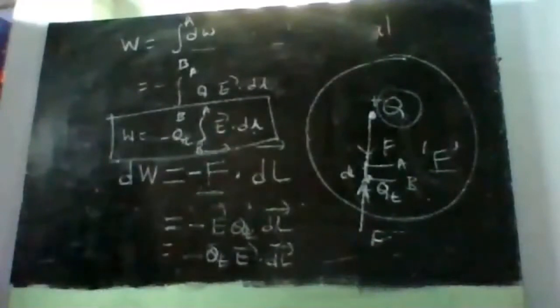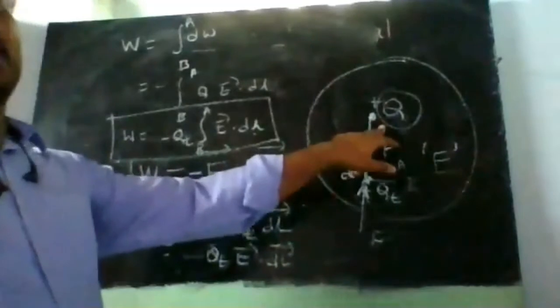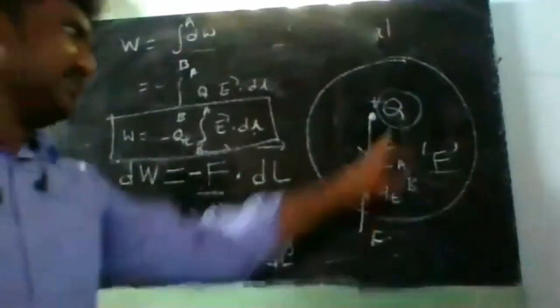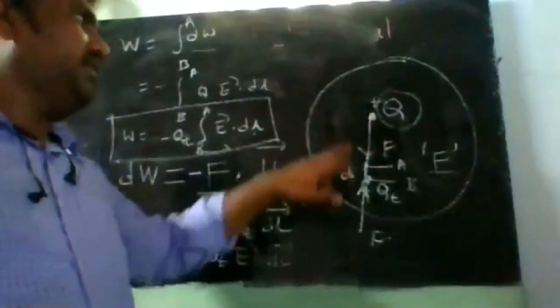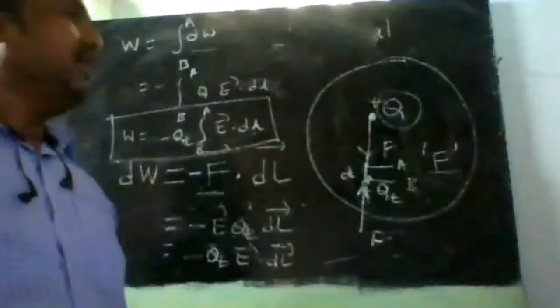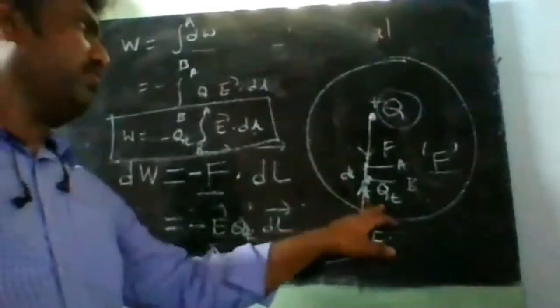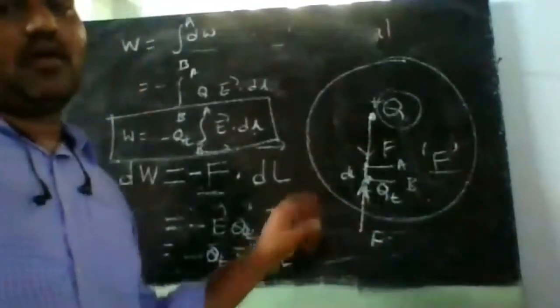I'll repeat it once again, a quick repetition. I'm considering a point charge Q. Because of this Q, there will be some force. Let us consider a small test charge QT.